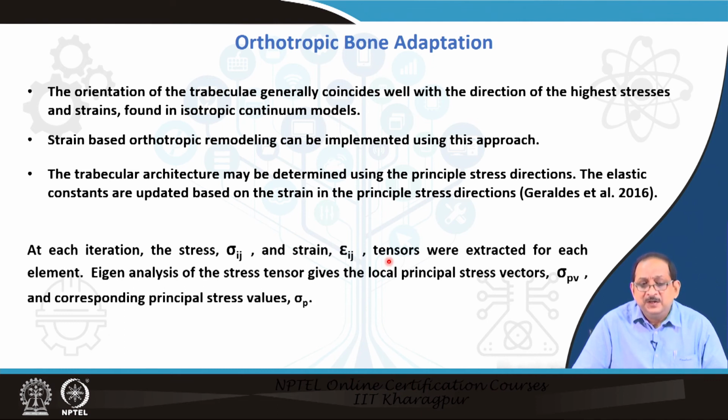At each iteration, the stress and strain tensors are extracted for each element. Please note, it is element wise extraction. So, for an element, the stress and strain tensors are extracted. The eigen analysis of the stress tensors gives the local principal stress vectors, the directions sigma PV, and the corresponding principal stress values sigma P.